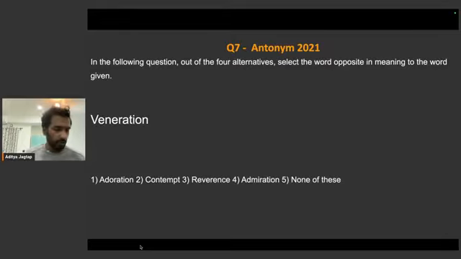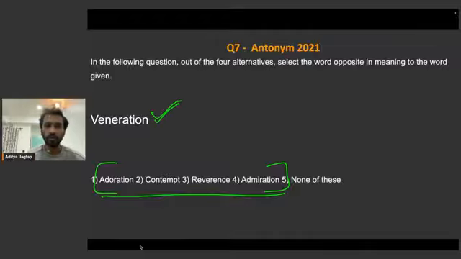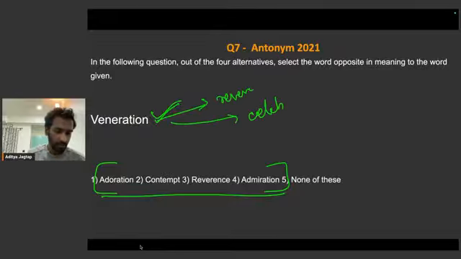Antonyms are easier because most of the antonym questions, you need to find the odd one out here, right? We want to look for the opposite of this word, veneration. Suppose I don't know what veneration means. Veneration means to revere someone, to celebrate or worship someone.